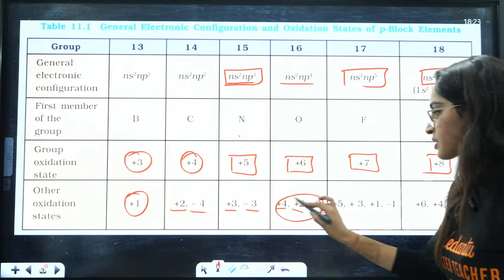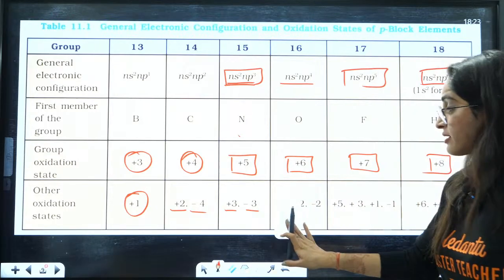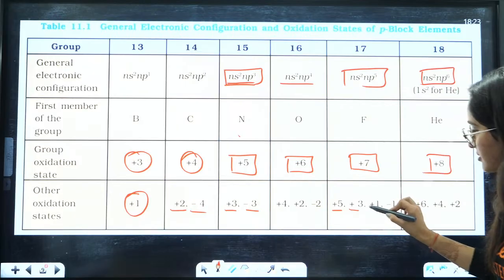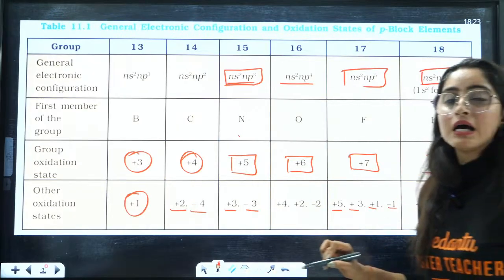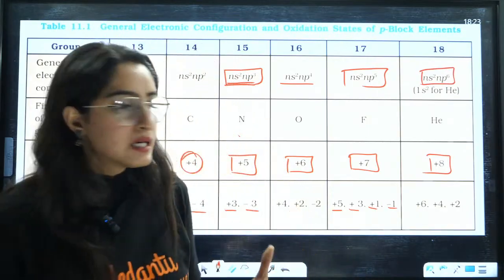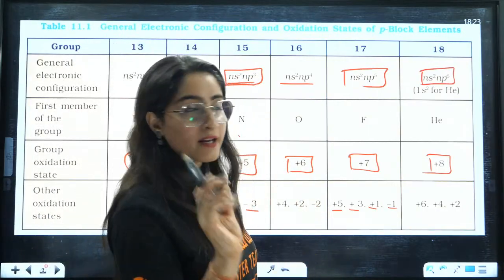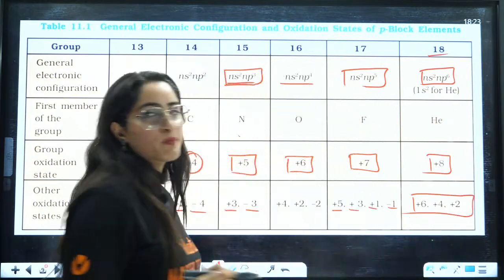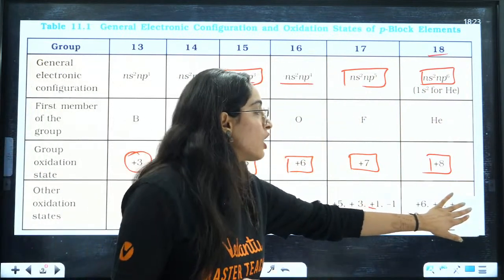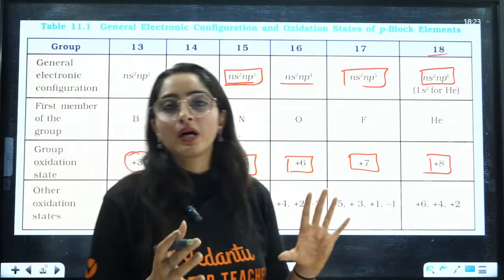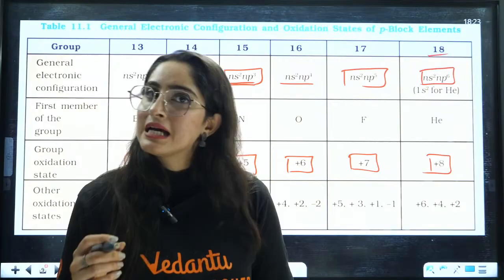This we have observed in the case of oxygen also. Then we have group number 17: +5, +3, +1, -1. These are the different oxidation states which can occur, which is very rare, but it can happen, right? If you talk about group number 18, that is +6, +4, +2. These are the oxidation states that are apart from the group oxidation states, right?